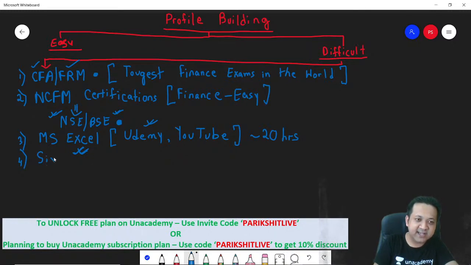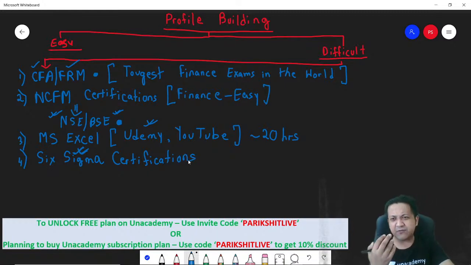Next can be Six Sigma. This is again something which is very much in demand in today's world. Six Sigma certifications. Now, you might not be a finance student, so CFA, FRM, NCFM might not be of interest to you, but an Excel certification or a Six Sigma certification, anyone can take. Look up Six Sigma certifications.